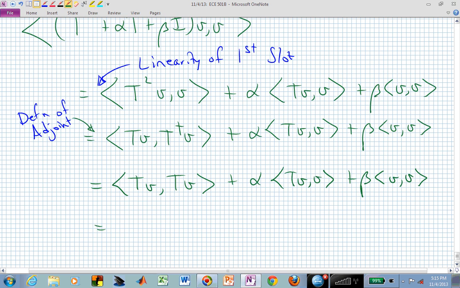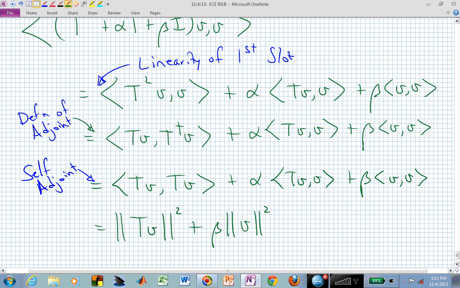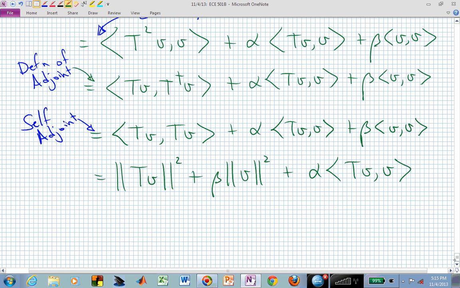So those are now norm squared. I now have the norm of TV squared. So this was the self-adjoint property. Plus, and let me pull that other term over, that's just the norm of V squared, scaled by beta, plus alpha, inner product of TV with V.